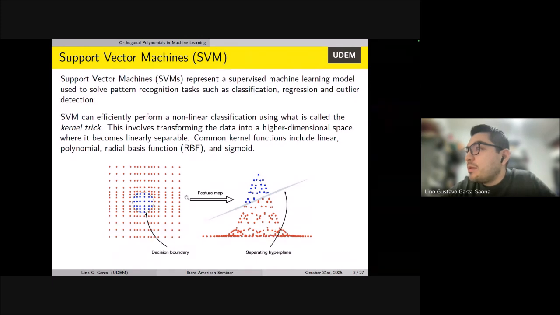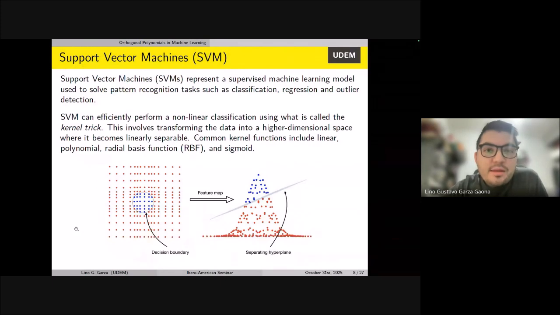We send these given points to a space where we have the features, which I always see as every column of your data, and we make this new set of points separable with a hyperplane.